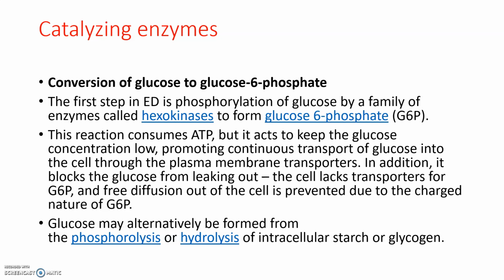Because of the charged nature of G6P, the leaking or diffusion can be prevented. The glucose may alternatively be formed from phosphorylases or hydrolysis of intracellular starch or glycogen.